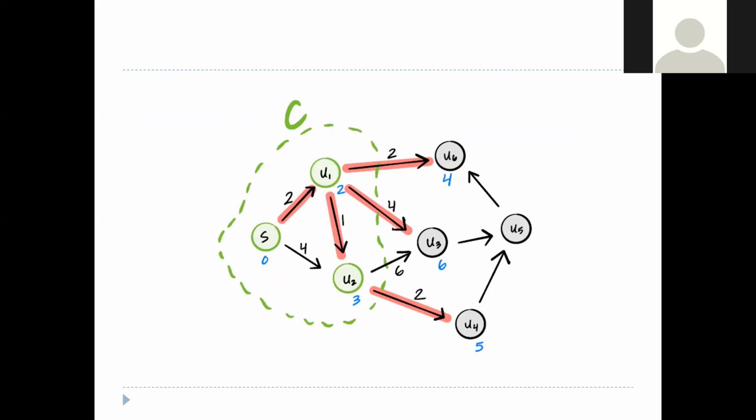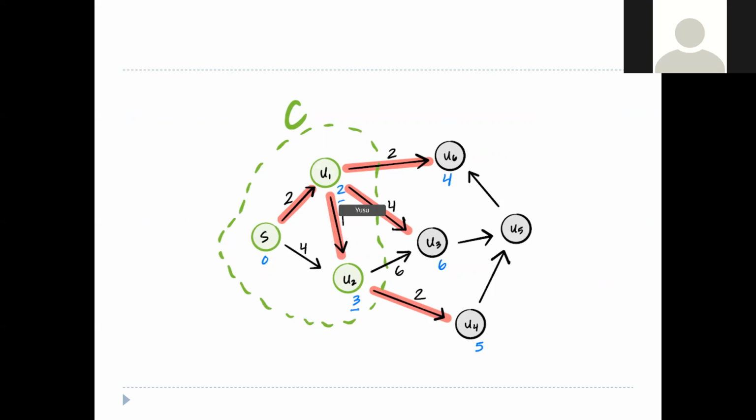Before we talk about the algorithm in detail, here is one example of what I meant. Let's say we are at an intermediate stage of the algorithm. We have already computed a set C, those 3 nodes S, U1, U2 that I circled here, and their estimated distances are already correct.